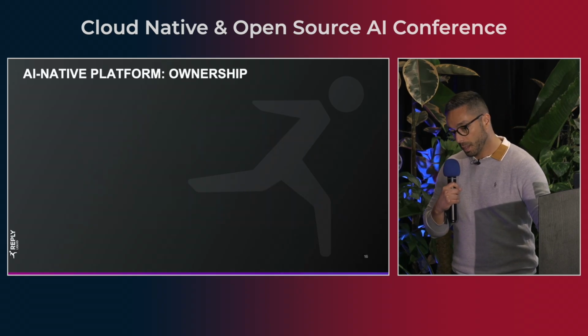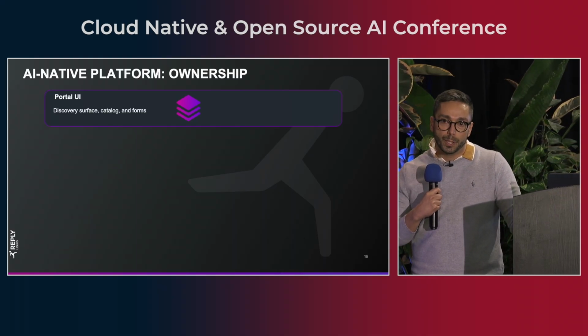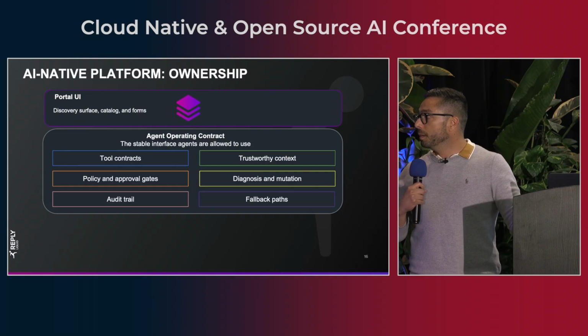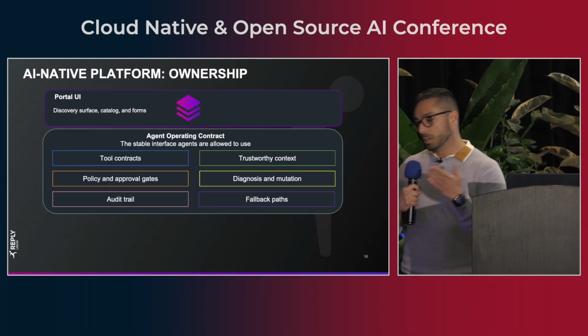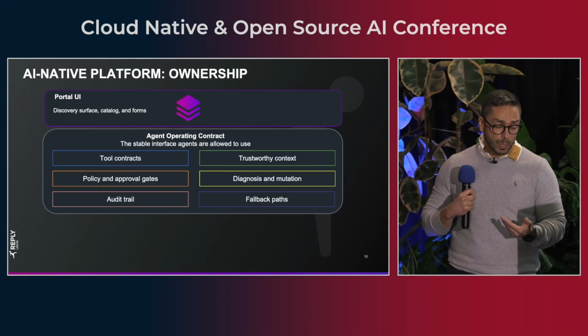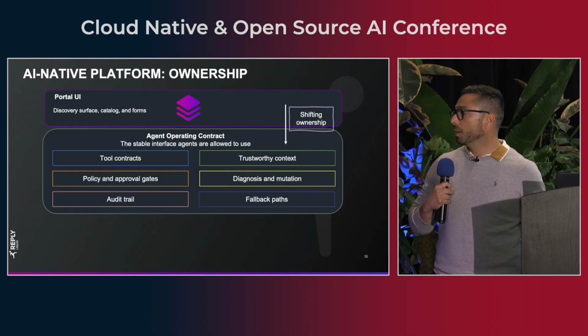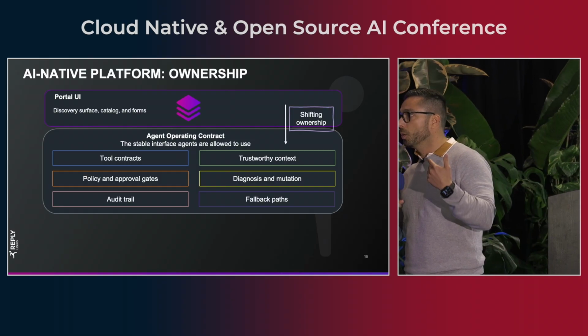So who will own this new concept? Of course, the platform engineering team. Good or bad, they used to be responsible for maintaining and developing the platform, I mean, the portal itself. But now they can own these contracts that I mentioned, the audit trails.